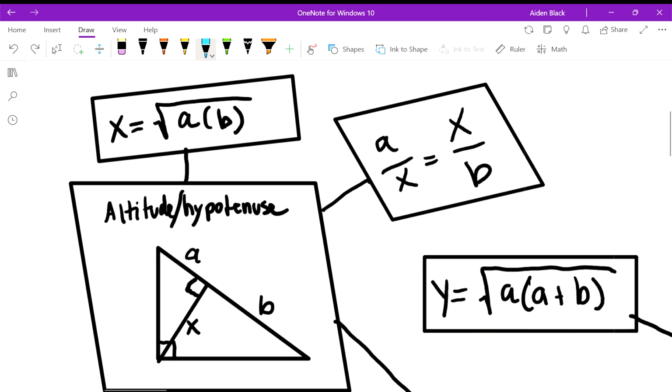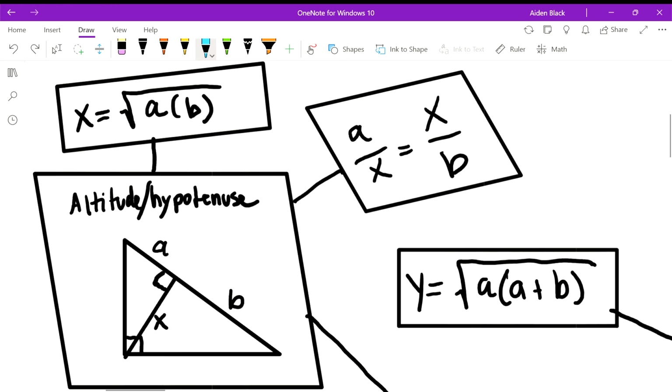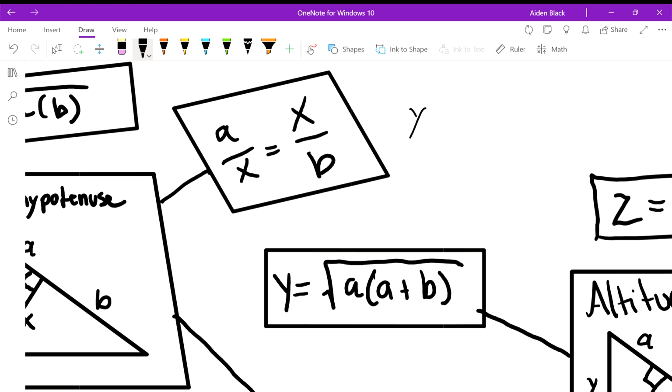The one we used to find the value of the altitude, in this case x, is we said that A is to x as x is to B. When we cross multiply that, we get x squared equals a times b, and when we take the square root of both sides, we get x equals the square root of a times b, and that's exactly what I put right here.